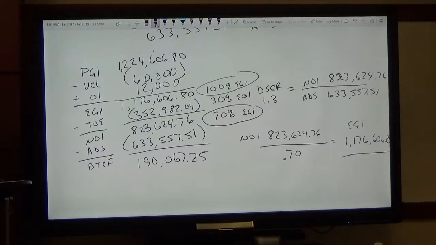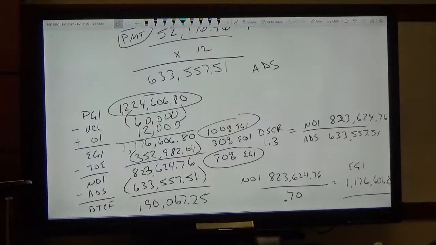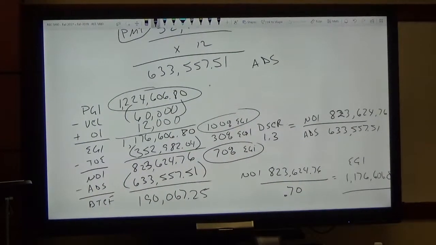Now, with that number, once again, all we have done is work backwards. So now we know that we've got 100 units. Let's start with that.